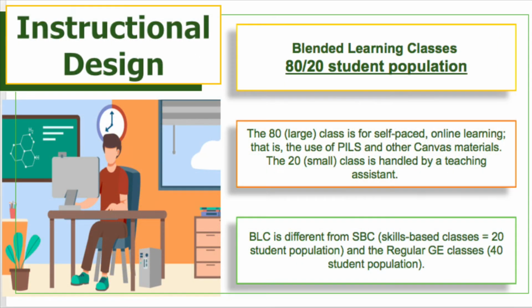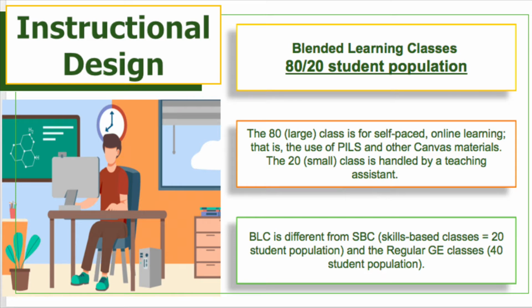To further detail what is a blended learning course, we now discuss the instructional design. In blended learning classes, we have an 80 to 20 student population. Now, what do we mean by this? The 80, which is the large class, is for self-paced and online learning.